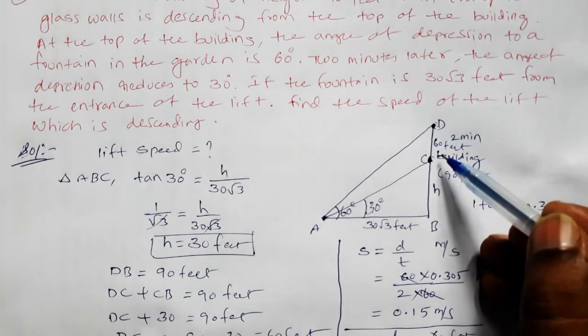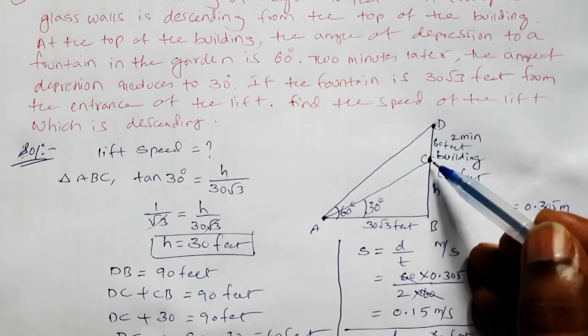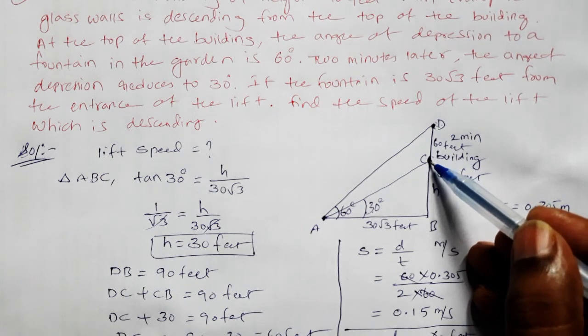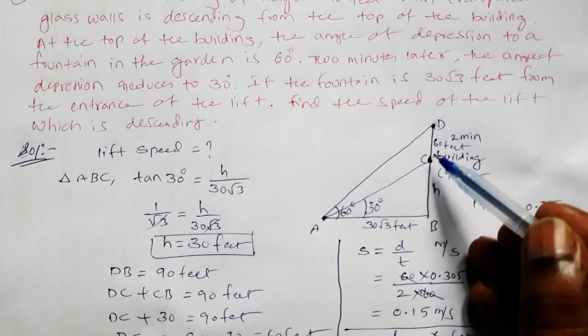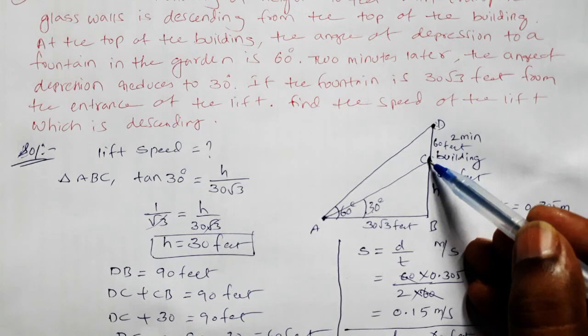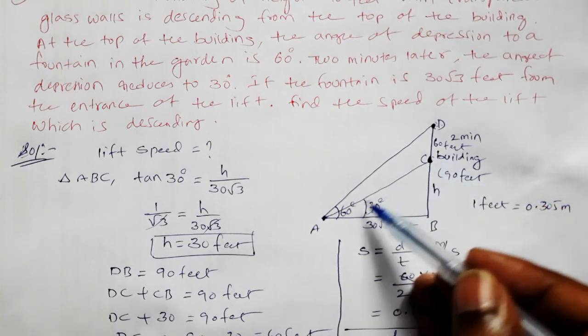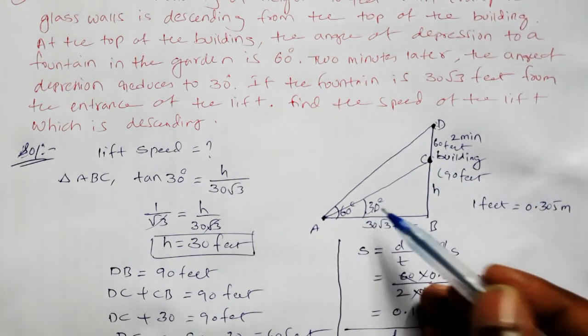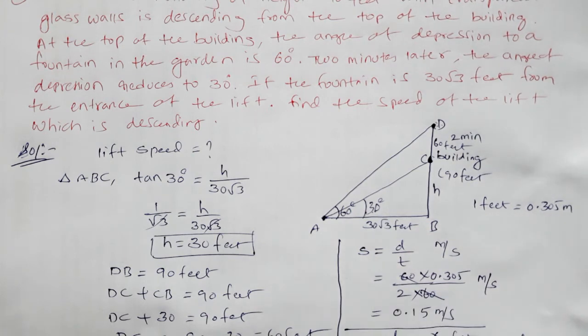After 2 minutes, the lift came from here to here. Then at this point, the angle of depression is 30 degrees. From that we have to find the speed of the lift.